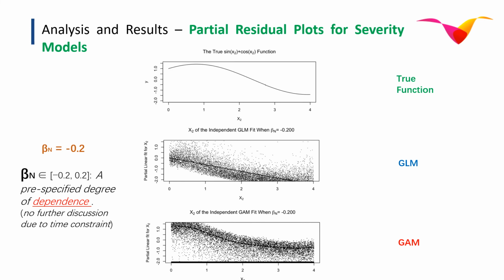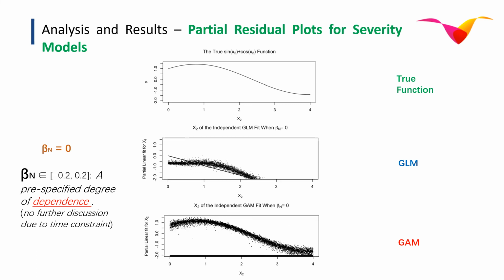Here, I want to show you some examples of the partial residual plots for severity models under a certain dependency level. Don't be too bogged down by the dependency structure. The more important thing is to see the comparisons.